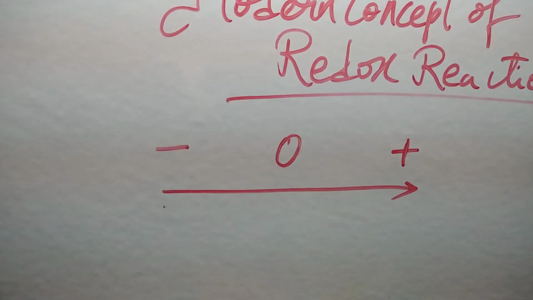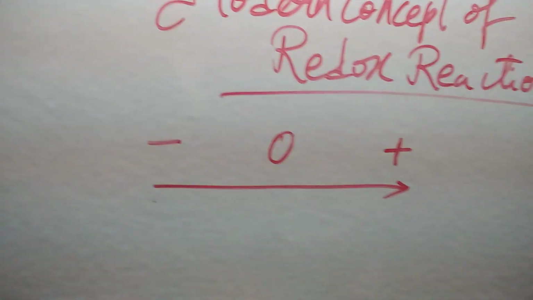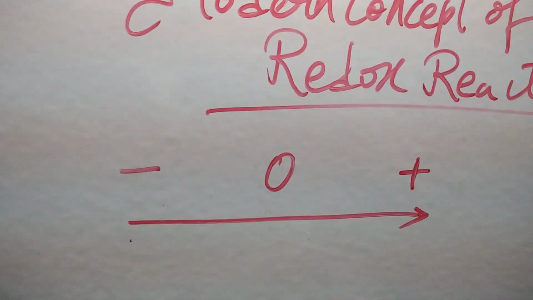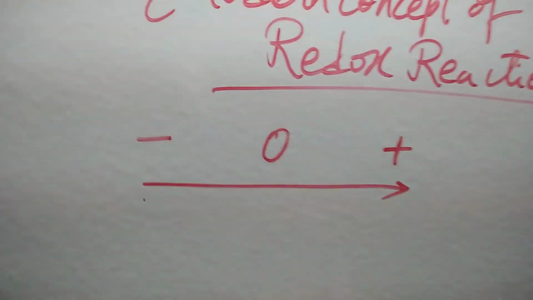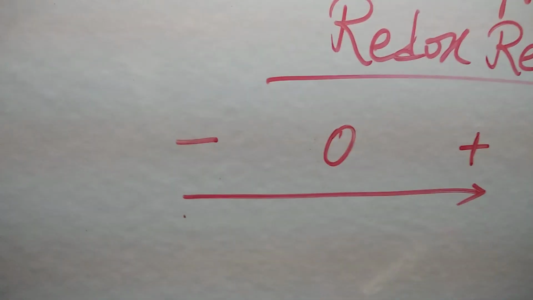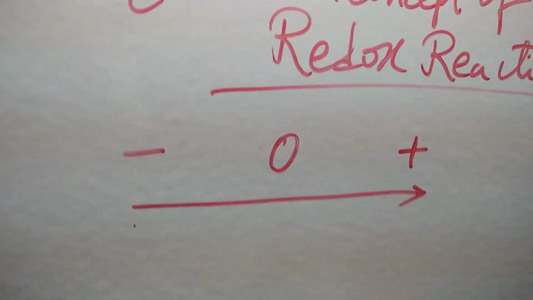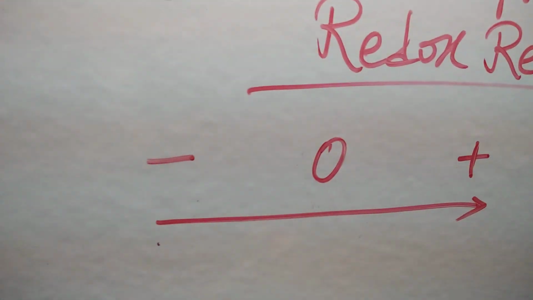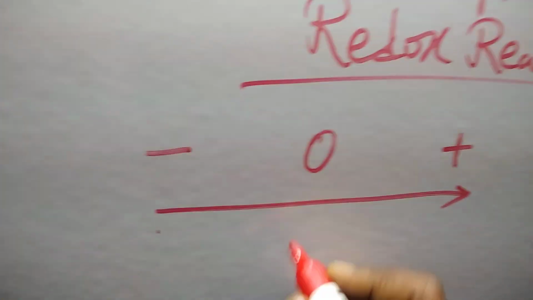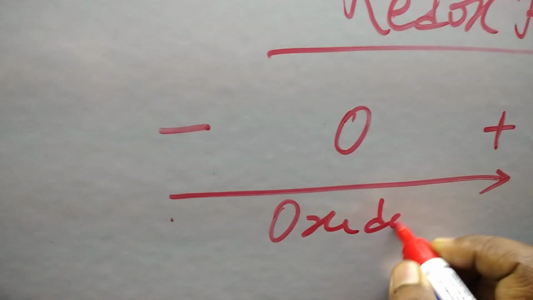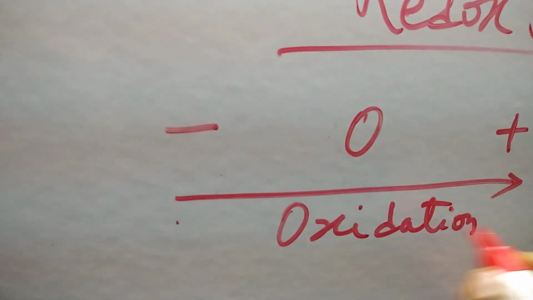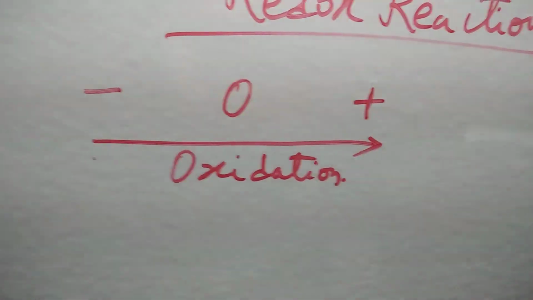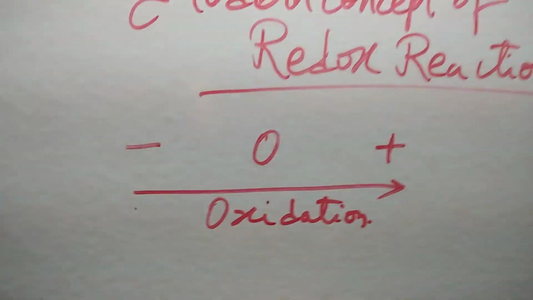Here don't mix up the electrons and the oxidation number. I am talking about the oxidation number. Yes, I am teaching you with the help of the electrons, but it is the oxidation number, that is the charges. If the charge goes from minus to plus, that means increasing, it will be oxidation. Okay students, that is -2, -1, 0, +1, +2.